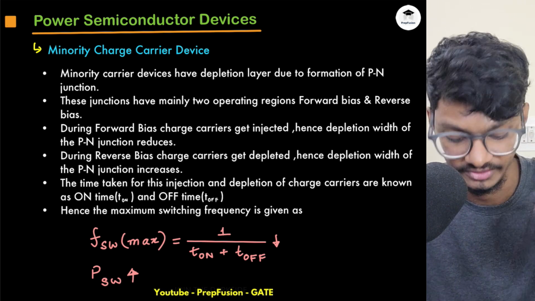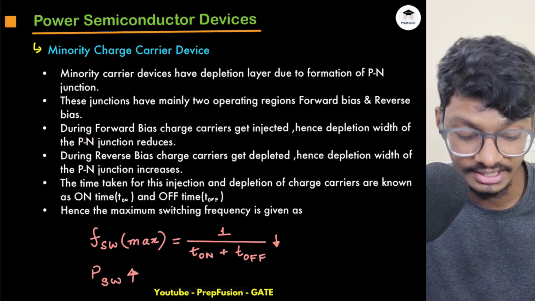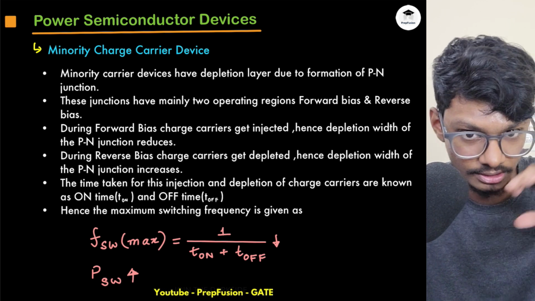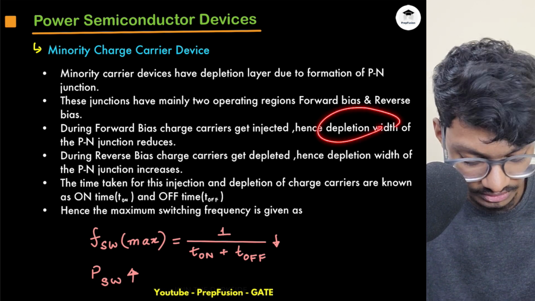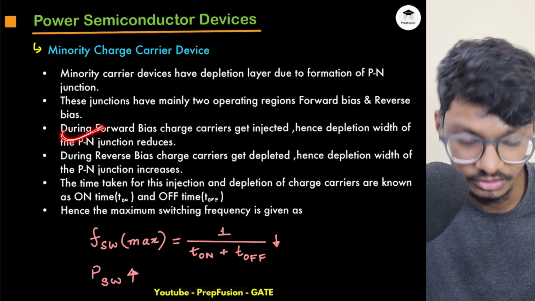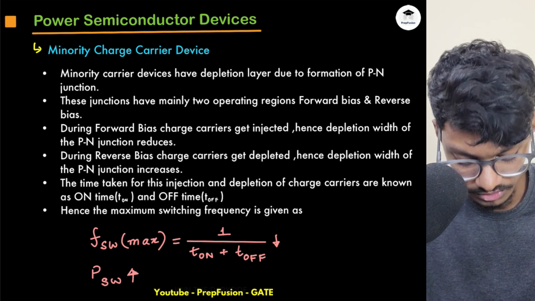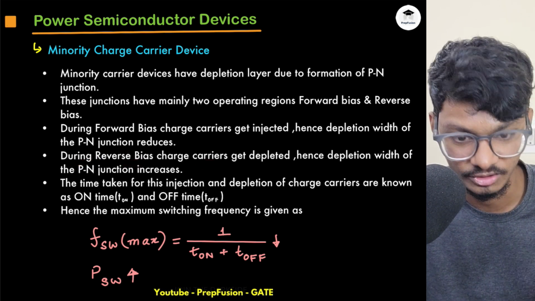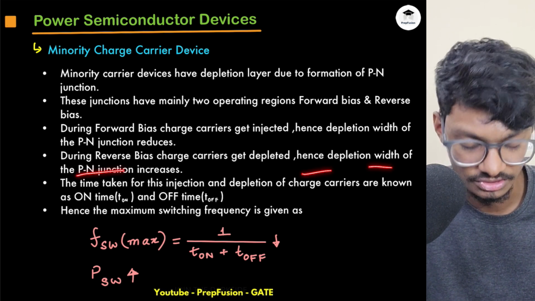I hope you watch the video. During forward bias, charge carriers get injected into the junction. Hence the width of the depletion layer reduces. During reverse bias, charge carriers get depleted. The charge carriers are lower as it is reverse bias, hence depletion width of the PN junction increases.